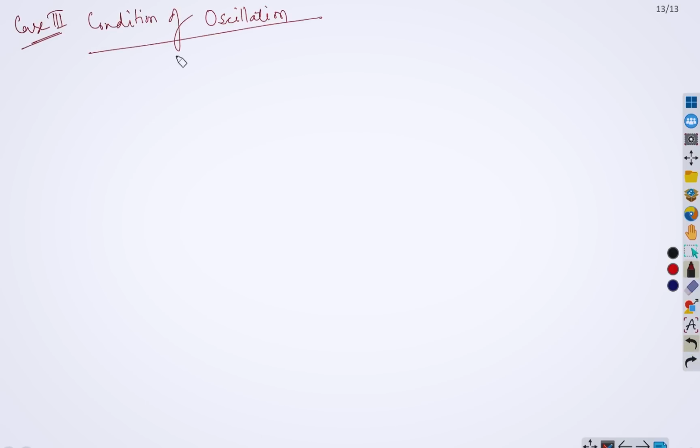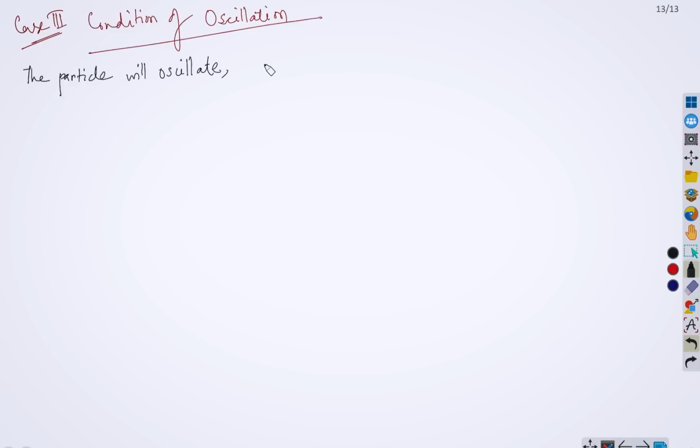Yes? Okay. So case 3. Clearly, since the particle is not leaving the circle, when will such a situation occur? Well, let me write it down. The particle will oscillate. When will it oscillate?